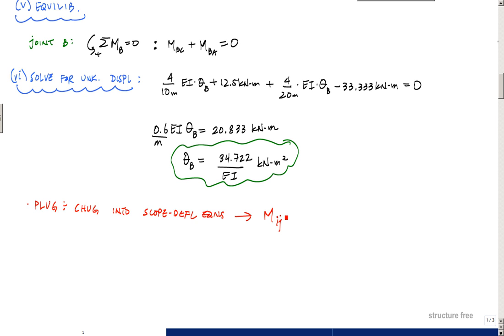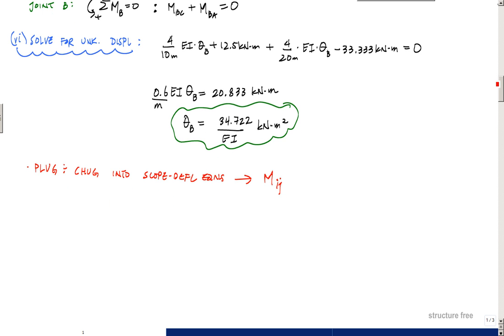So I'll do one for you, and I'll just give you the numbers for the rest. MAB is 2 over 10 meters times EI times 34.722 over EI kilonewton meters squared, minus 12.5 kilonewton meters.